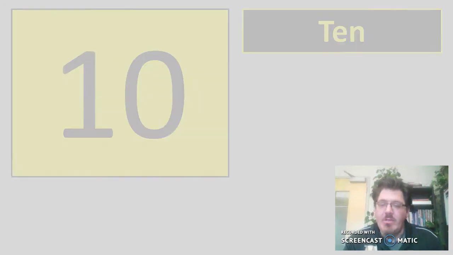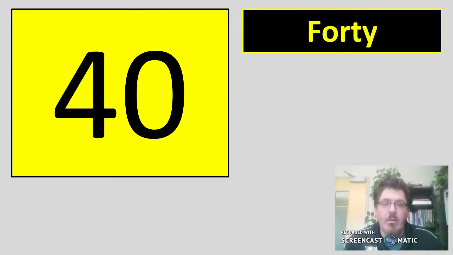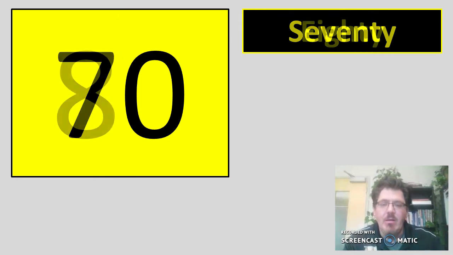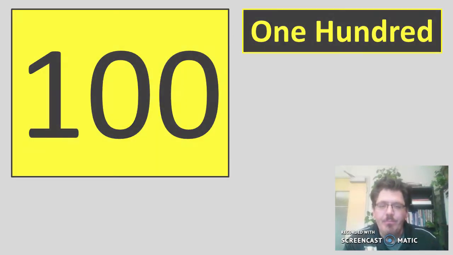Skip counting by 10 is one way to develop a sense of how important the number 10 is, as well as to learn the names of the numbers that are multiples of 10. We want to be able to skip count up to 100. So 10, 20, 30, 40, 50, 60, 70, 80, 90, and 100.